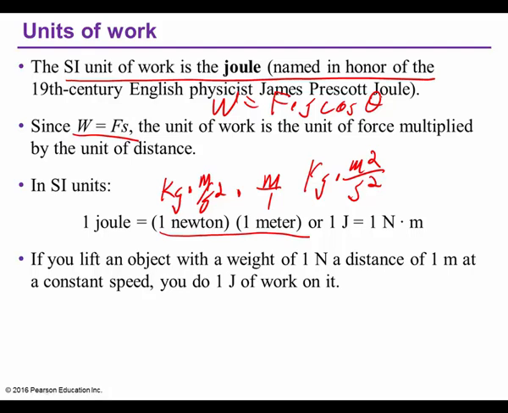Now please listen closely. It doesn't always have to be in that direction. What if I'm wanting to know about how much work gravity's doing? Well, which way is it? It's the direction the force is applied. So now x goes that way.